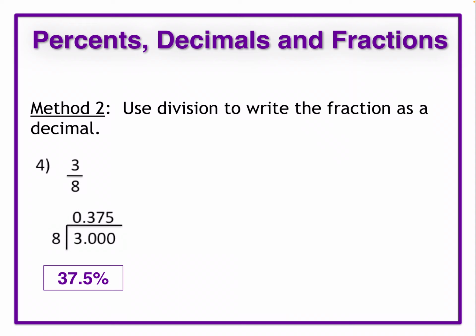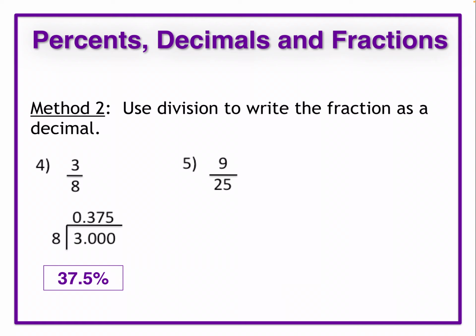So you divide 3 by 8, and you will find that the answer is 0.375. That means this is a decimal, so you have to convert from decimal to percent. So you move the decimal point 2 places to the right, and the answer will be 37.5%.